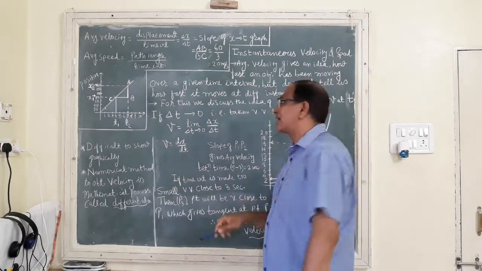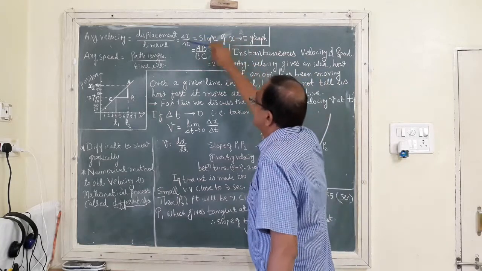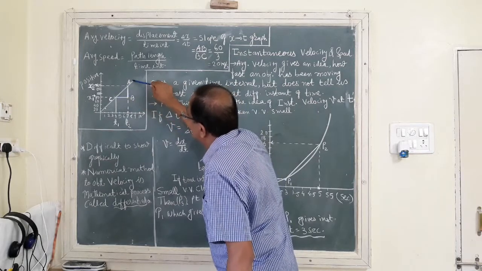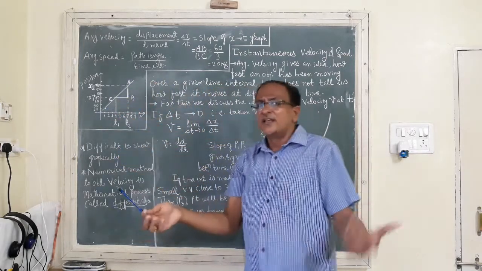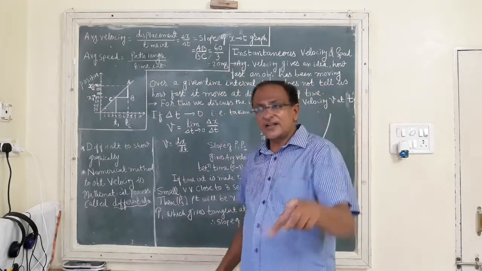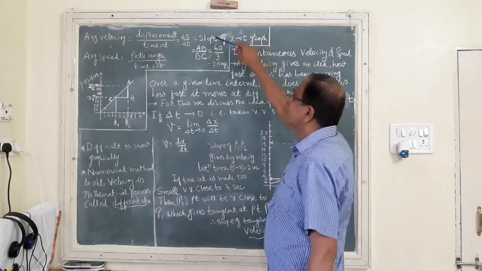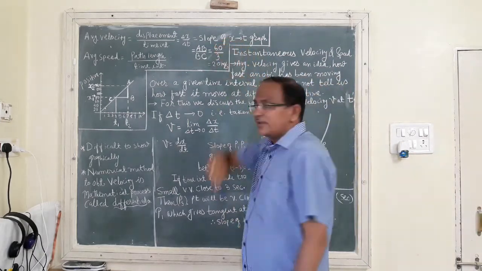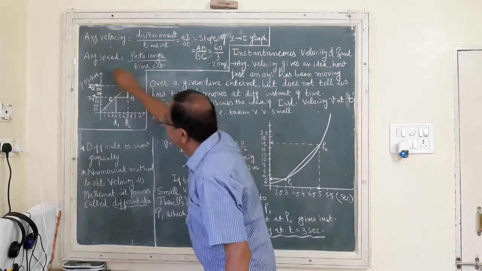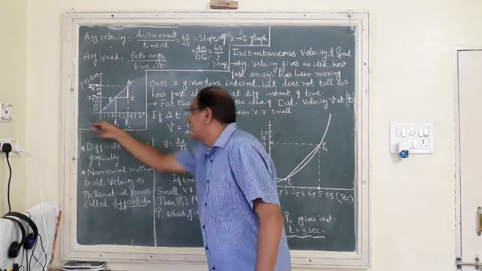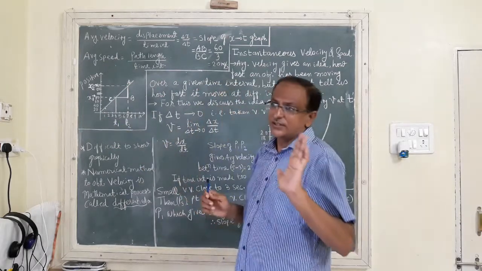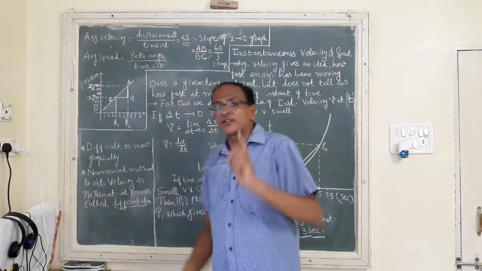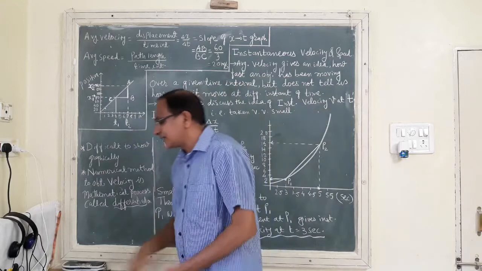In that linear graph, if you find AB upon BC by taking points here and here, or here and here, wherever you take, the answer will be the same, and that answer is known as the slope of the graph, which is AB upon BC, that is the difference of y coordinates divided by the difference of x coordinates.